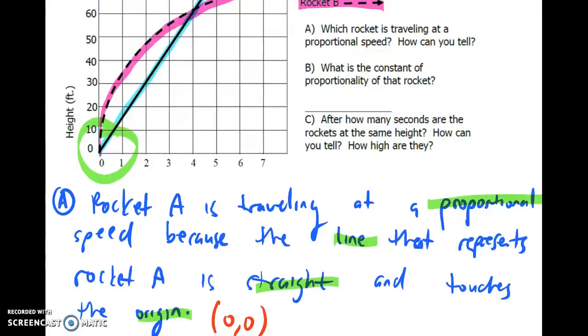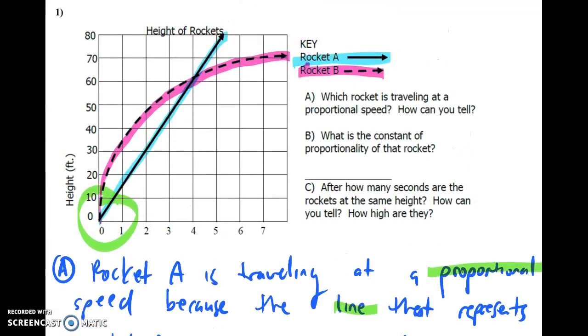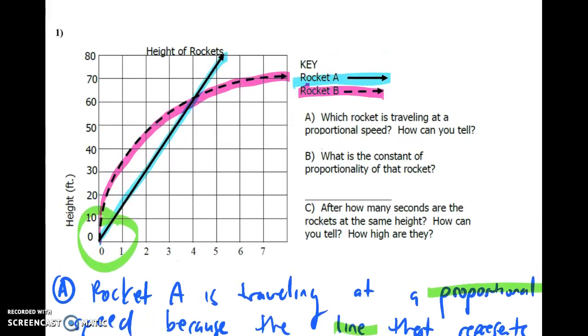Question B, what is the constant of proportionality of rocket B? Well, when we have a proportional line, you know that to find the constant of proportionality, we pick any point that is easily read. Examples of points that are easily read are 2, 30, and also 4, 60.